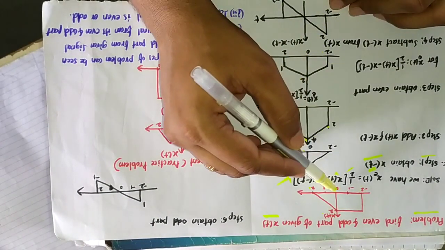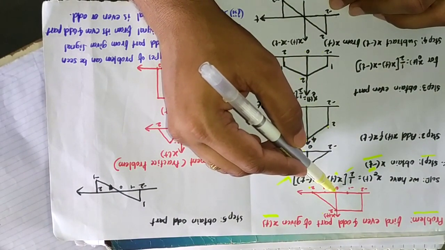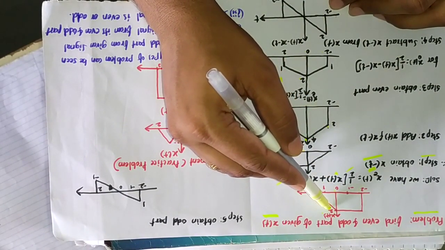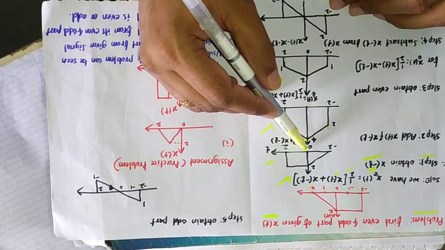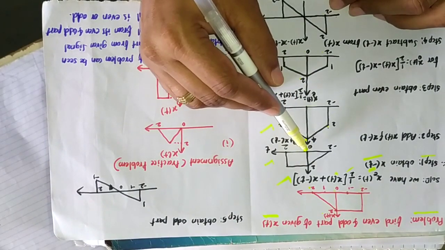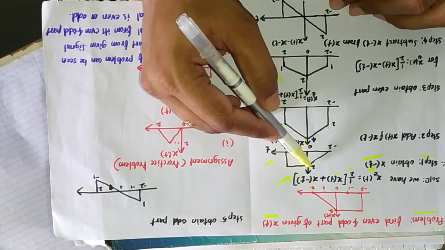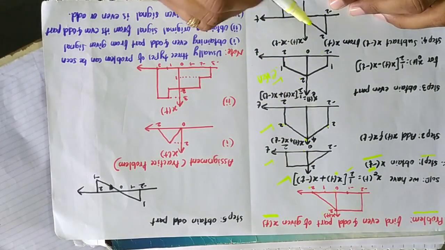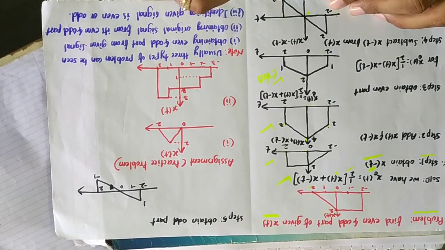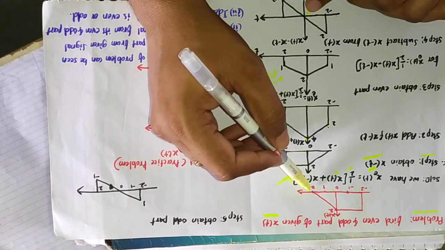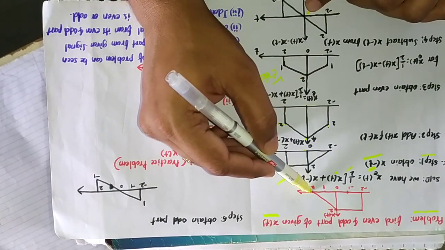And again at 0, the origin, we have amplitude 2 in x of t. What about the amplitude of x of minus t at the 0 interval? It is also 2. So what will happen? 2 minus 2, that will be 0. At 0 the amplitude of the signal will be 0. Then at 2, x of t is 0.